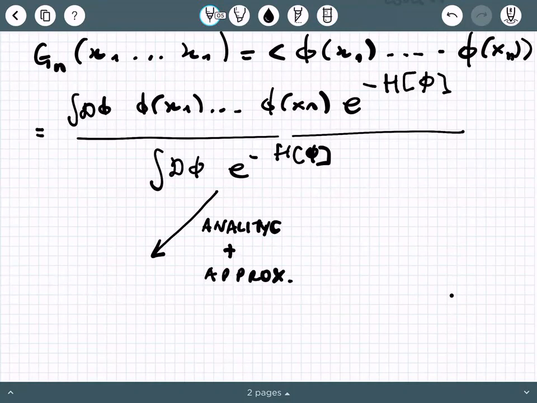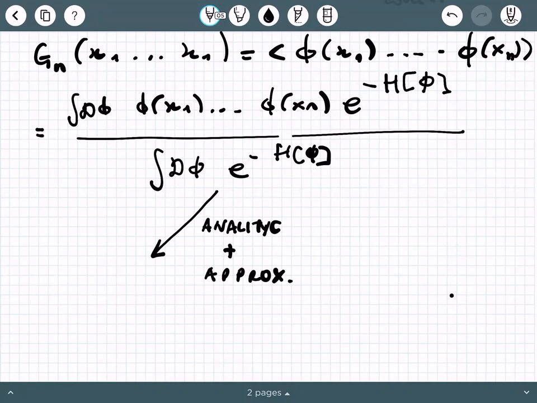In other words, you try to reduce the problem of computing this to some series, possibly, or anyway, you approximate this problem that you cannot solve with a problem that you can solve. It can be a variational approximation, it can be a perturbative approximation, it can be a saddle point approximation. We're going to define a number of techniques to do that.